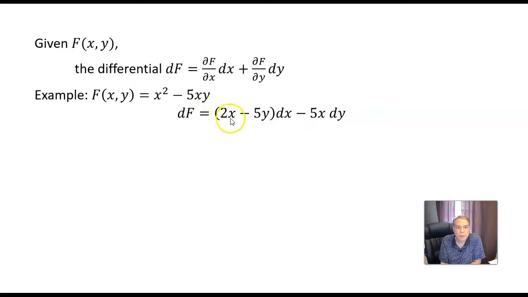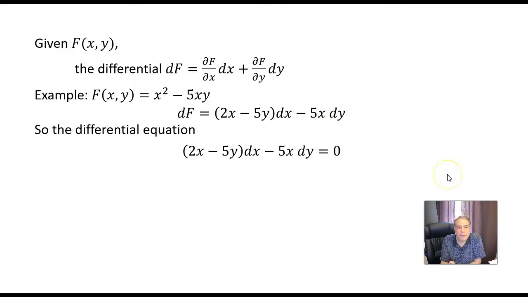So that's why we got 2x minus 5y times dx. Then the partial derivative with respect to y would be, well, since x is treated as a constant, x squared is constant, and the derivative of a constant is 0, and then the derivative of a constant times y is that constant. So we get minus 5x times dy.